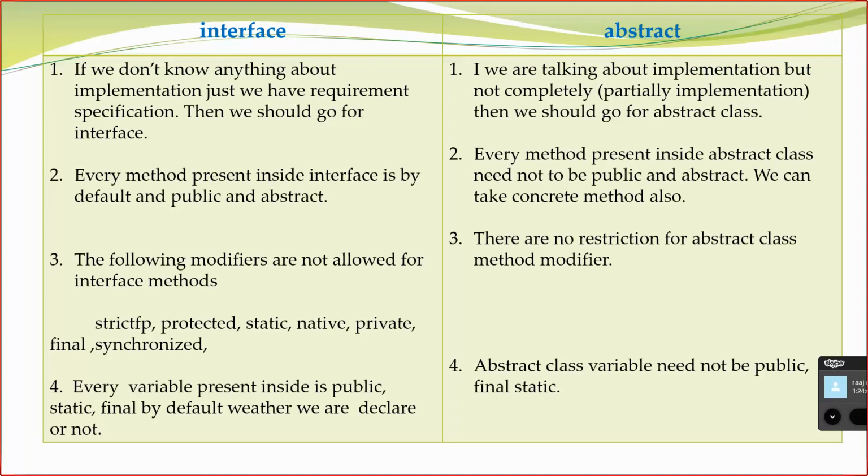No need to implement them in the subclass, right? Clear? So that's what I'm telling: if the specification is specific to your requirement, go for interfaces. But if your requirements are not fixed, then you can go for an abstract class.